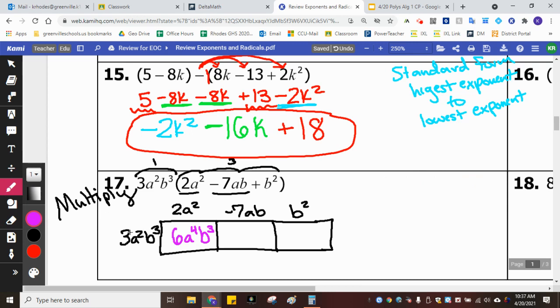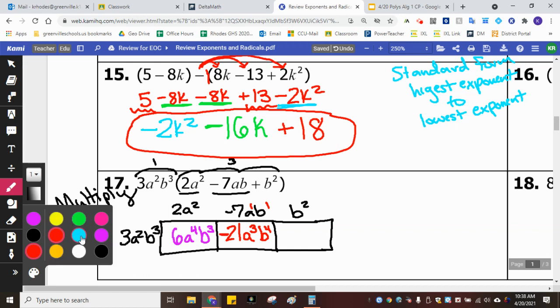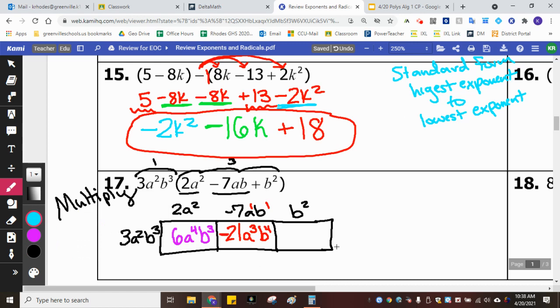Three times negative 7. I know it's negative. 3 times 7, 21. 2 a's here, 1 a here, so 3. 3 b's here, 1 b here, b to the 4th. 3, there's no number here, so it's just a 1.